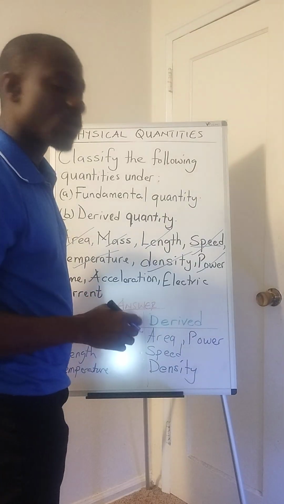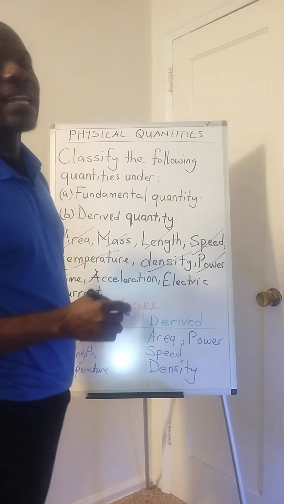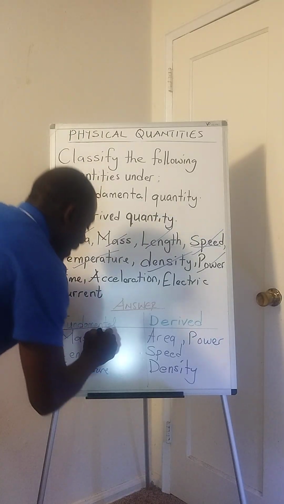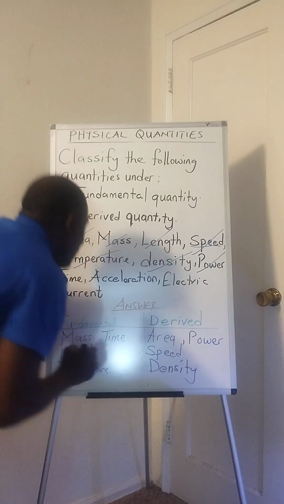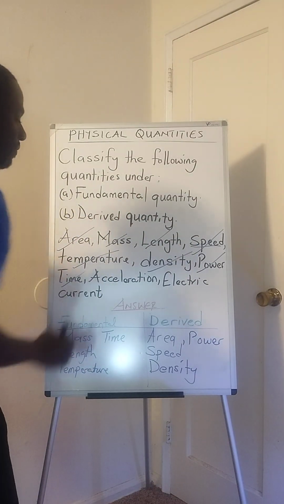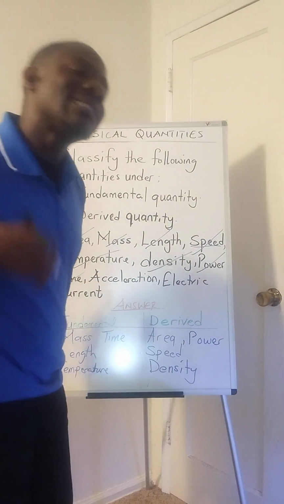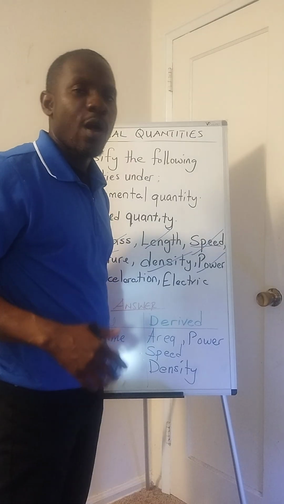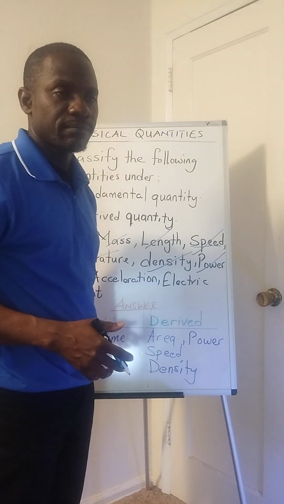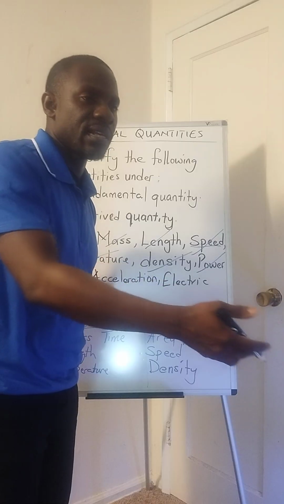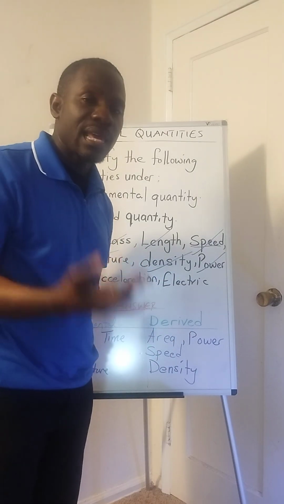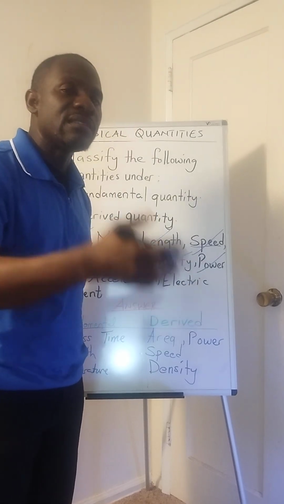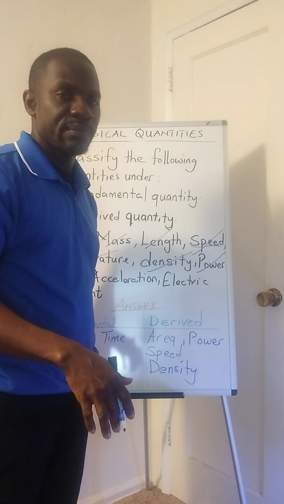Time is also a base quantity, which is also a fundamental quantity. So I'm going to put time also here under fundamental. Time check. Acceleration is the time rate of change of velocity of a body. So mathematically, acceleration is velocity divided by time.